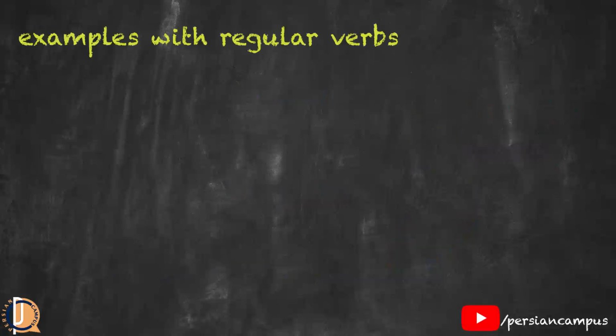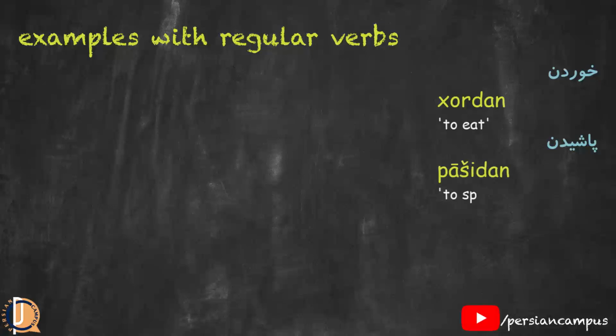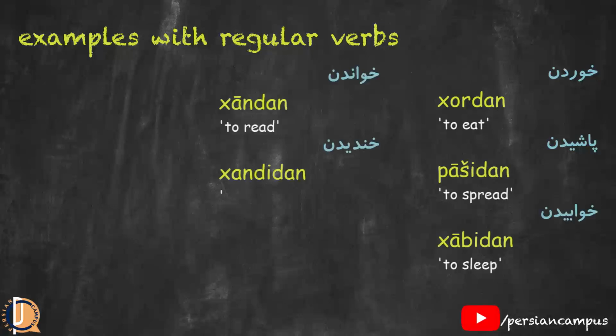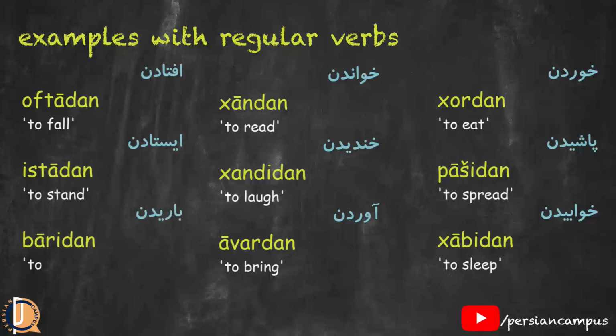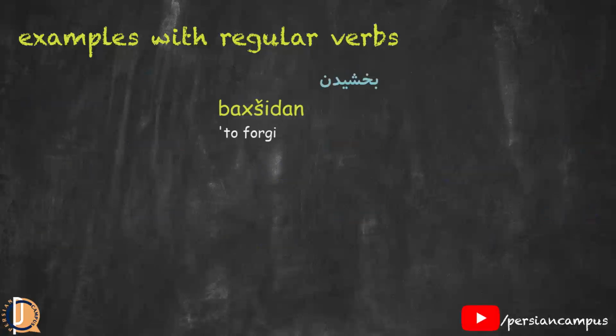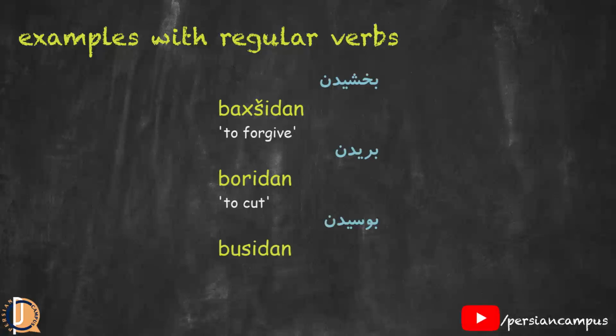Let's see some examples. First, for the regular verbs in their infinitive form. خوردن، پاشیدن، خوابیدن، خواندن، خندیدن، آوردن، افتادن، ایستادن، باریدن، بخشیدن، بریدن، بوسیدن.